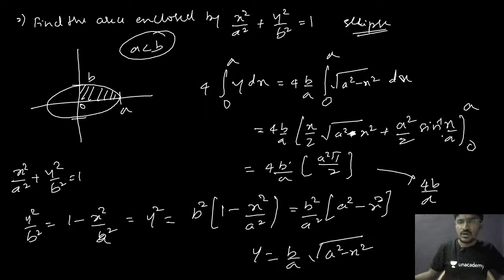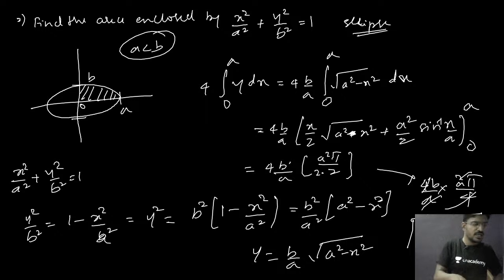And now here you will get sine inverse of 1 is pi by 2, so it will be a square pi by 4. The 4 will get cancelled, a will get cancelled, and you are going to get ab pi. From that ab pi you can understand what you can solve for the given ellipse. Clear? So like this you can go on solving that particular problem. You can get the solution.